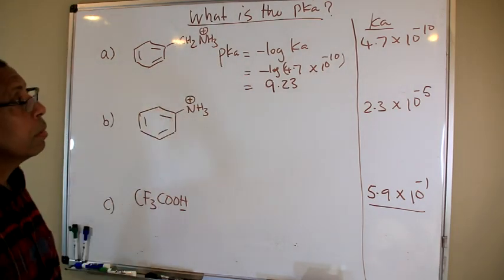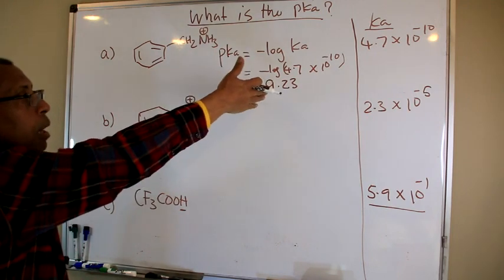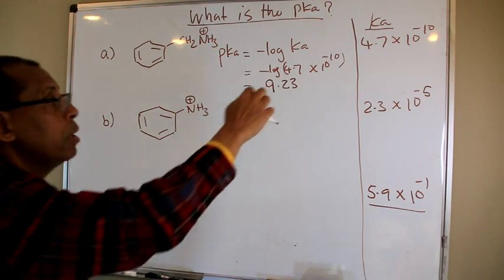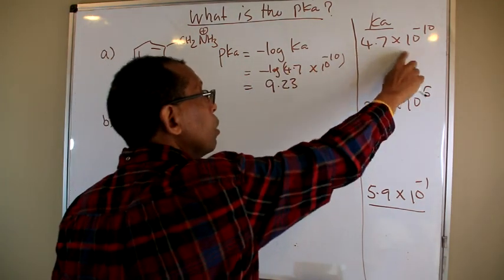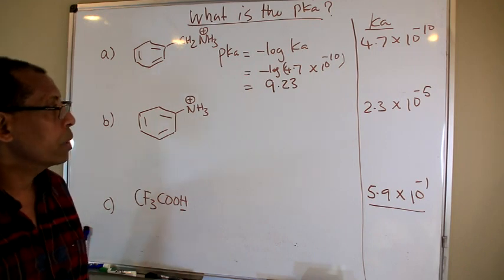So basically, as you see, it's not that strong an acid. We have already seen that it's the weakest acid with a pKa value of 9.23.